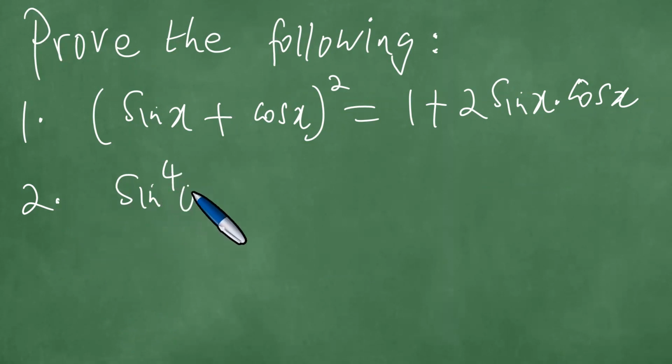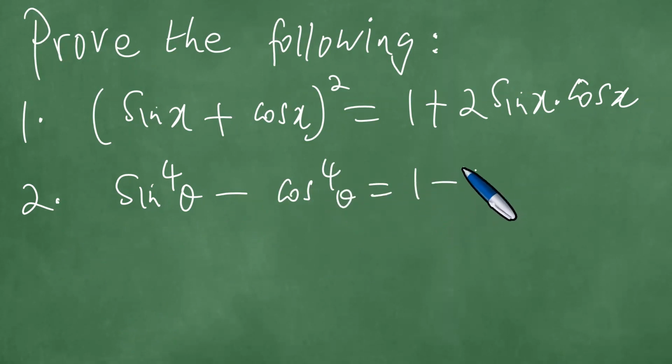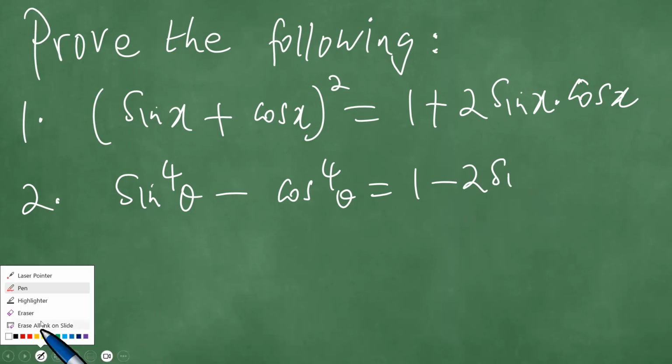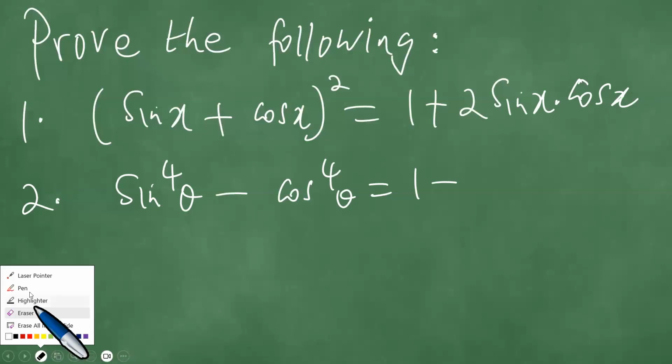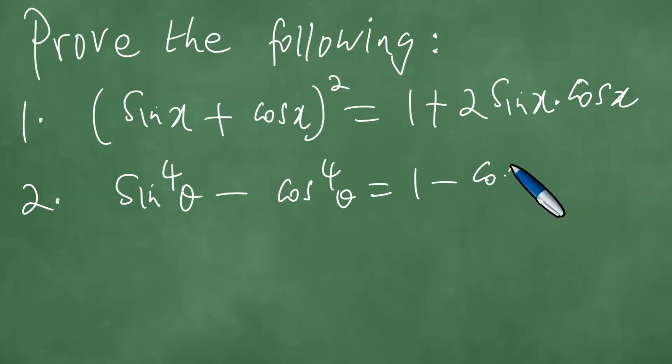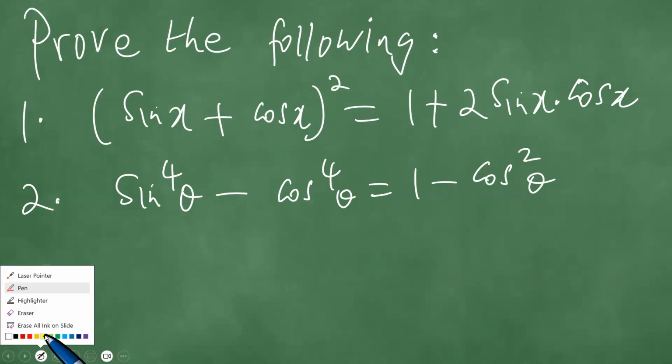Sine to the 4th power of theta minus cosine to the 4th power of theta is 1 minus 2 cosine squared of theta. Let's look at the solution to this.